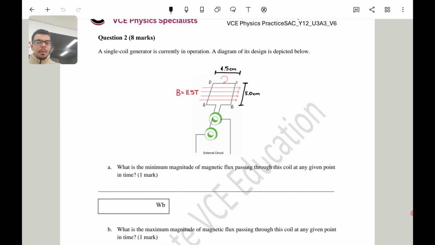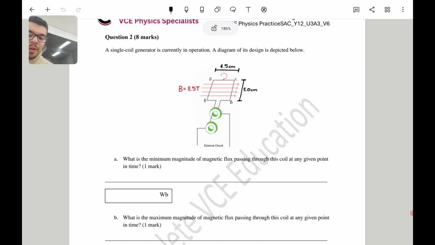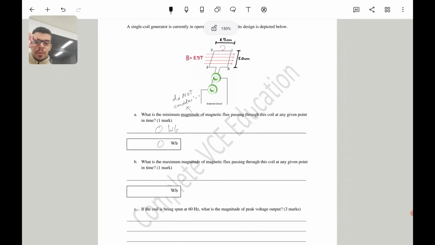So the minimum magnitude of the magnetic flux means that we do not consider negative values. Therefore, the answer will be 0 when the coil is in the horizontal position.